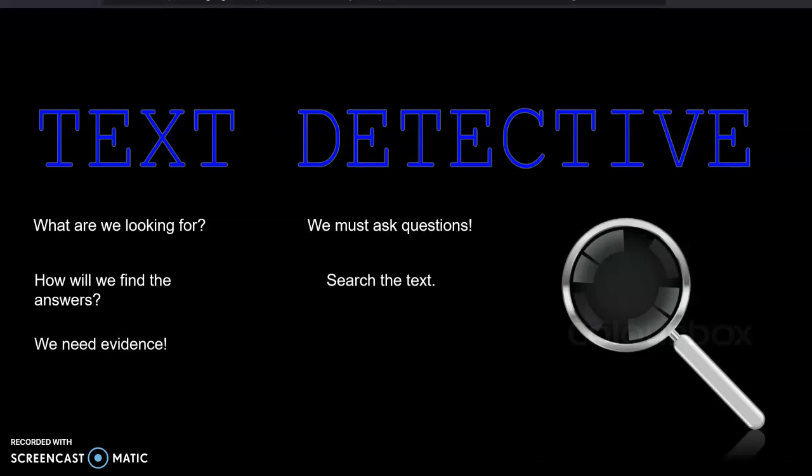We need evidence. We need to prove that we figured out what the answers to our questions are. We're going to do that by pointing to text-based evidence.